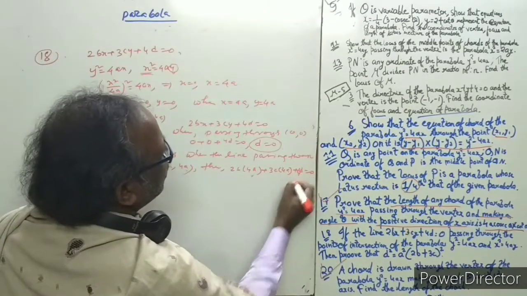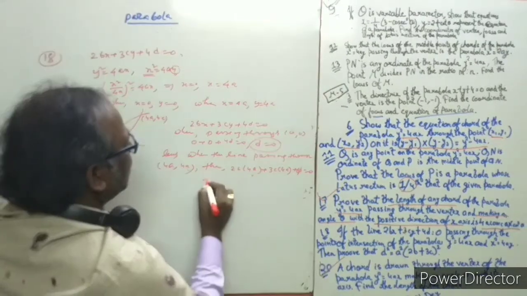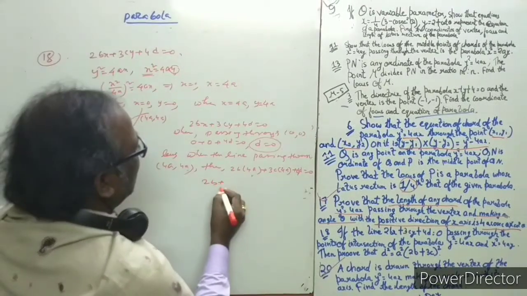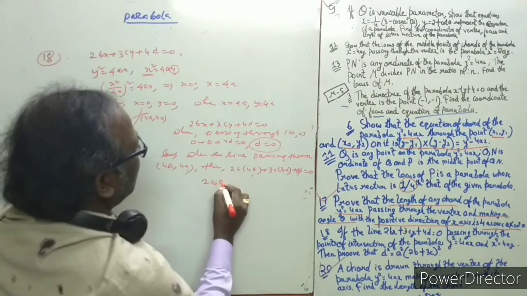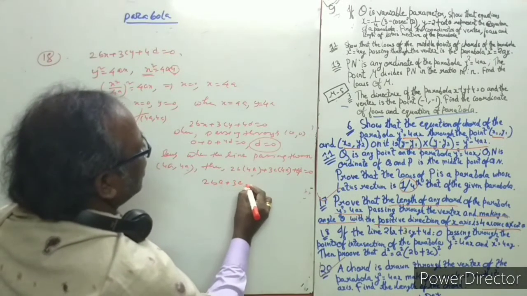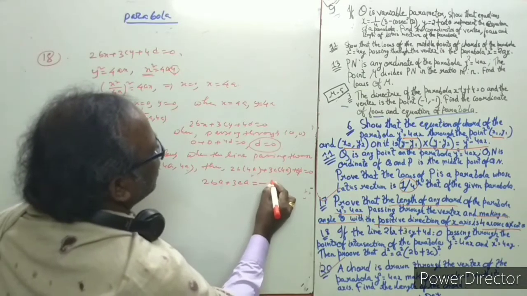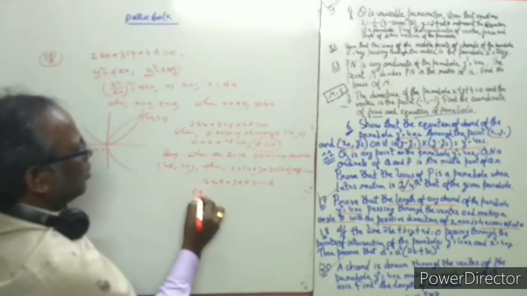So now 4 are cancelled, 2ba plus 3ca equal to minus d, squaring both sides.